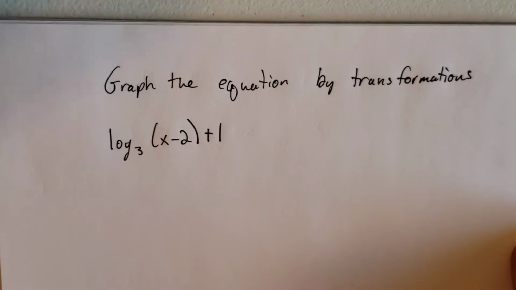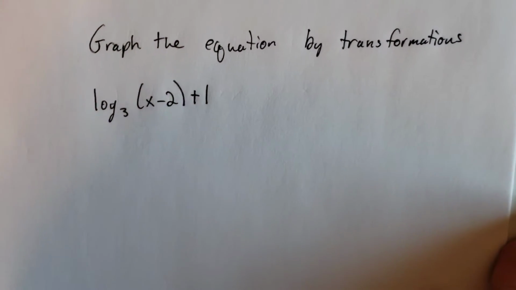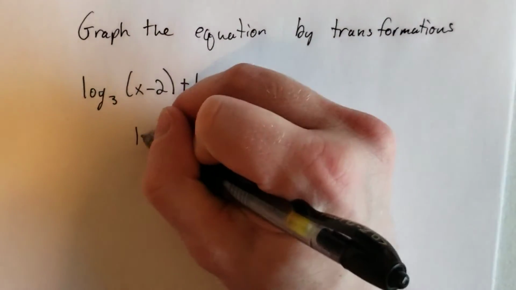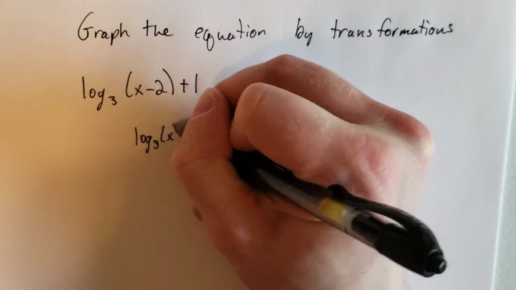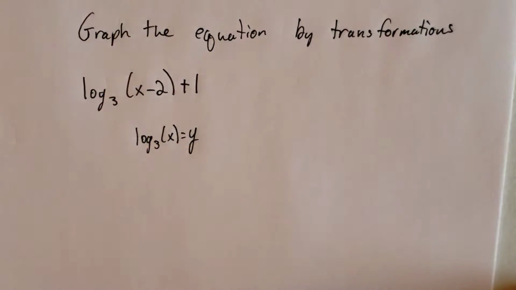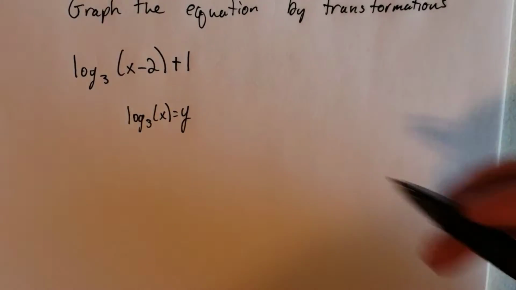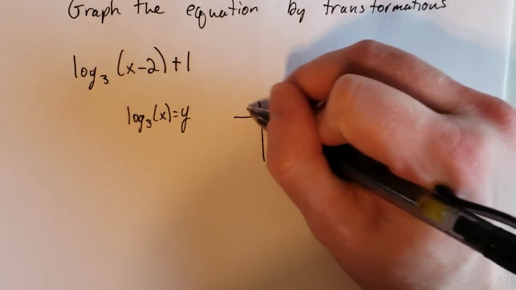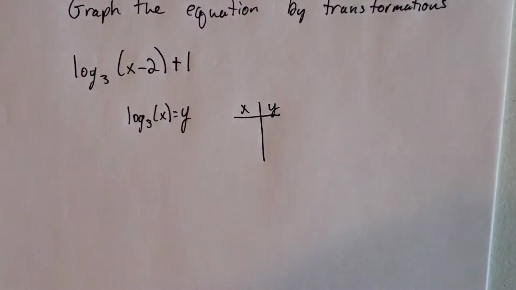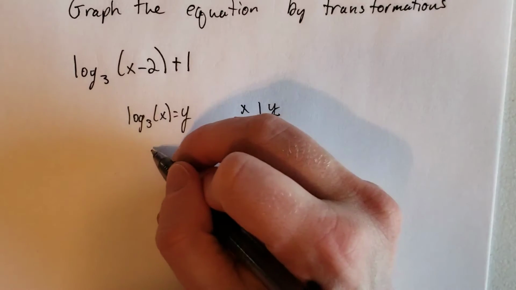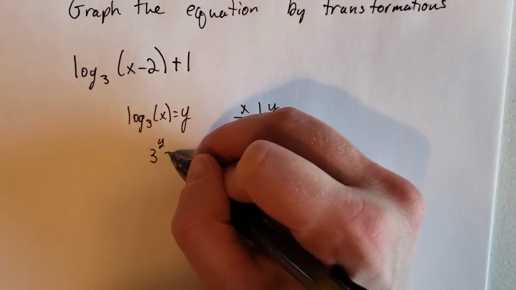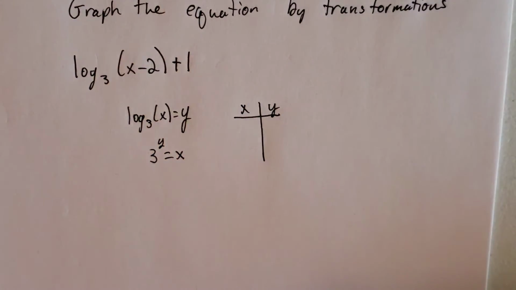The first thing is to draw the base function, which is log base 3 of x is equal to y. To do that, we might recognize that when x is 1, we get y is 0. We'll see that by 3 raised to the y is equal to x is the corresponding exponential function.